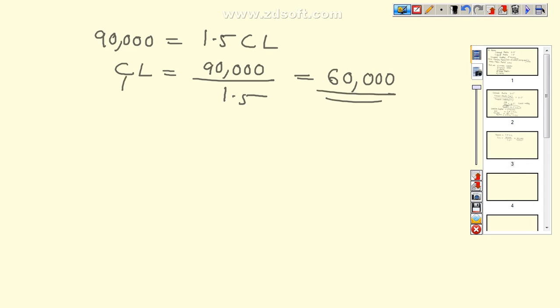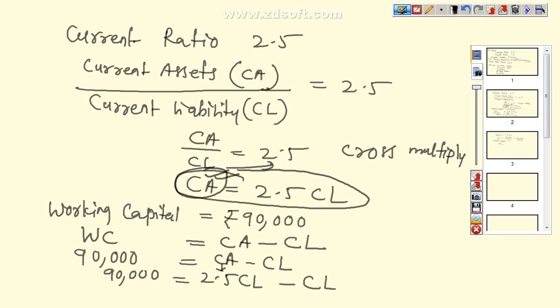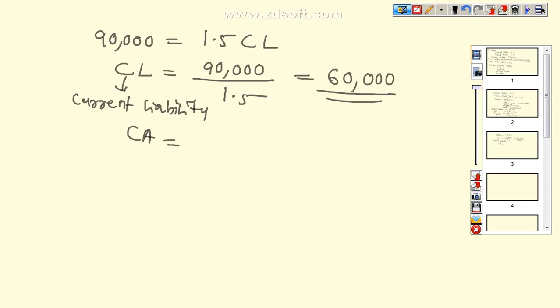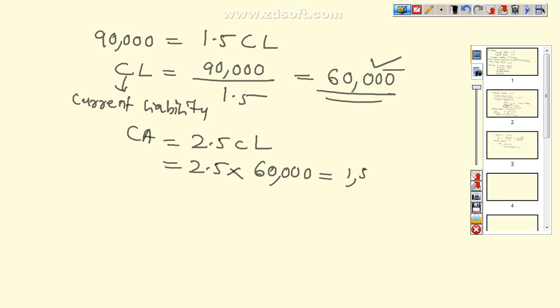So CL here means current liability. And current asset is equal to 2.5 CL, that is equal to 2.5 multiplied by 60,000, that is equal to 1,50,000.